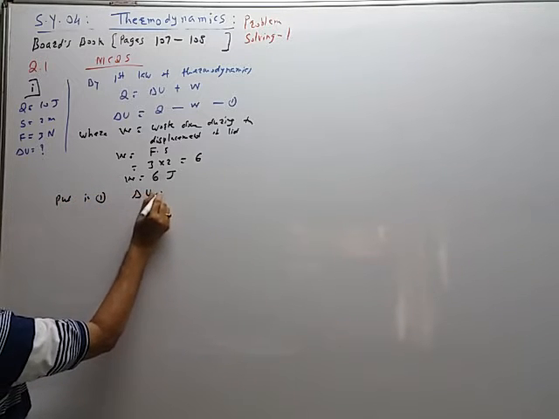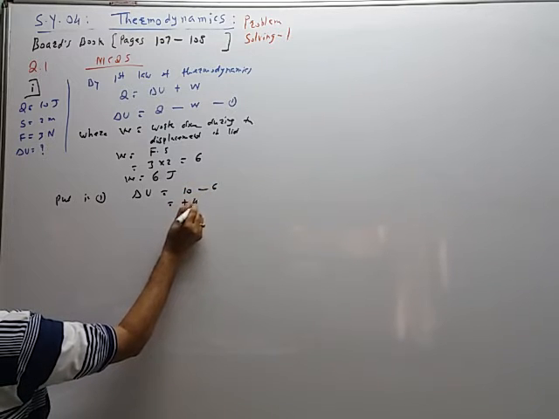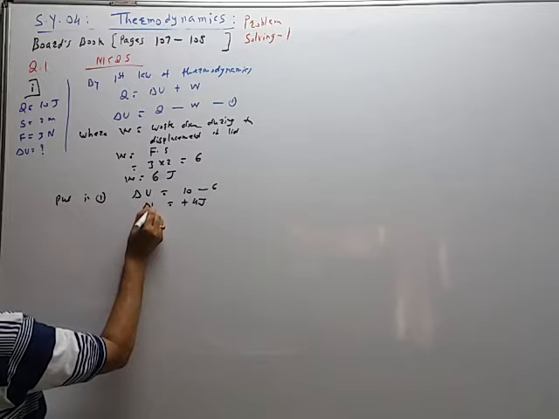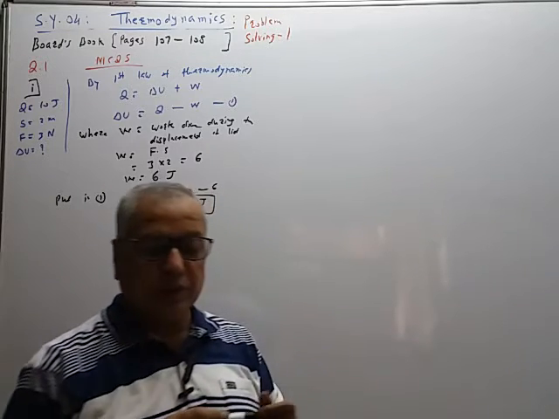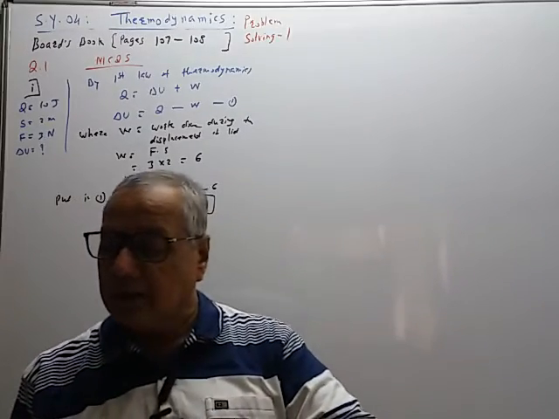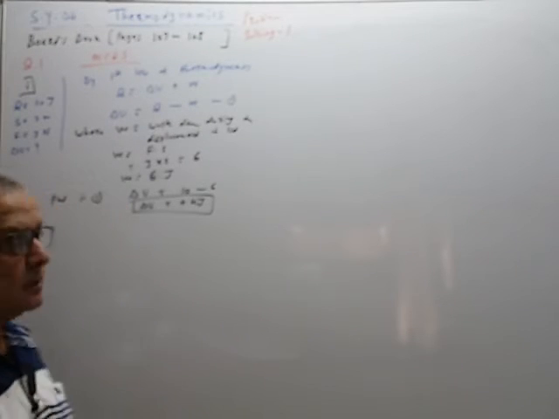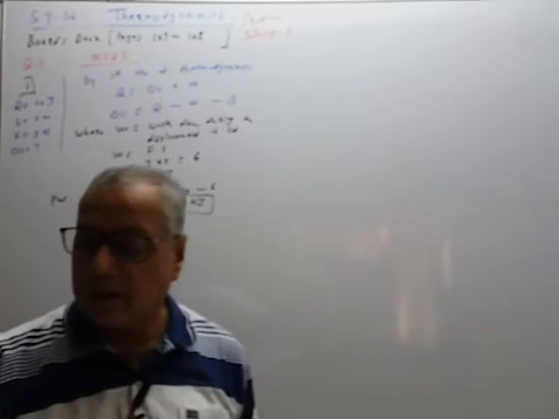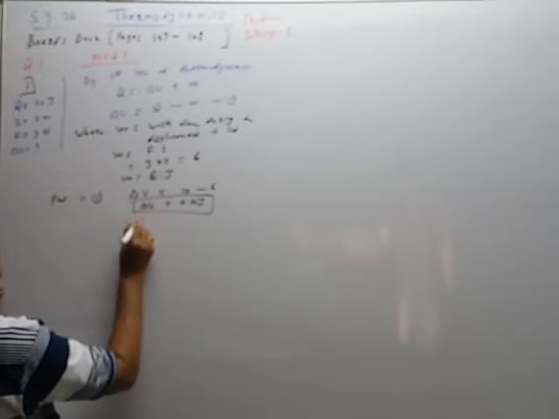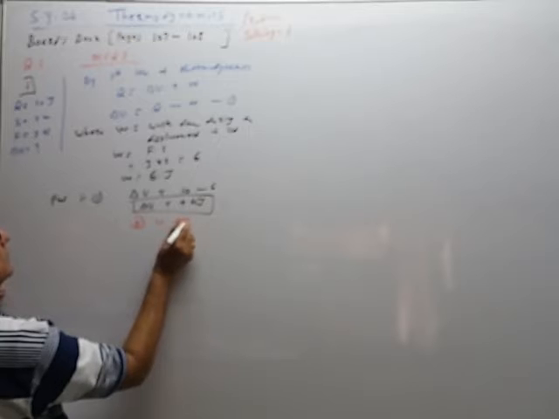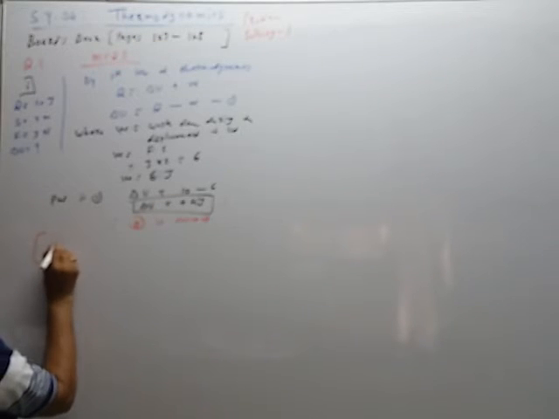Therefore, increase in internal energy is equal to 10 joule minus 6 joule, that is equal to plus 4 joule. So this is the answer. So we know the sign convention. Plus sign indicates that there is an increase in internal energy. Therefore, the correct choice is B. B is correct. Now you can add the meaning of this.